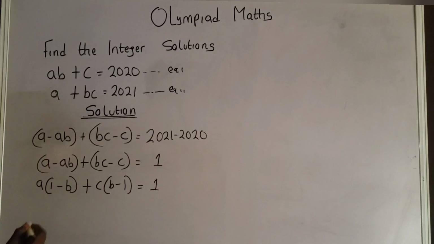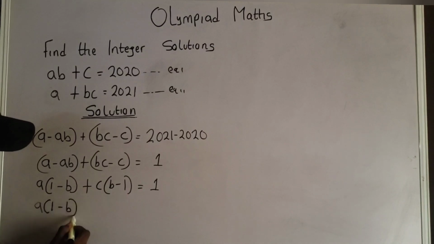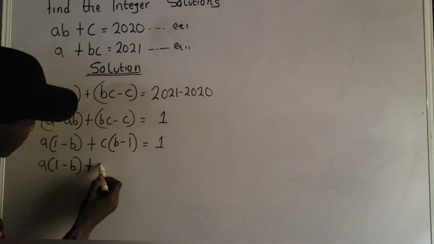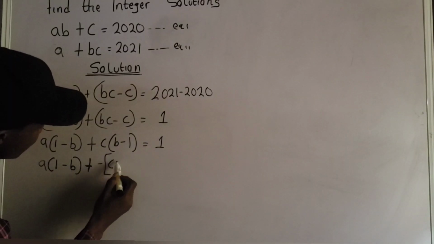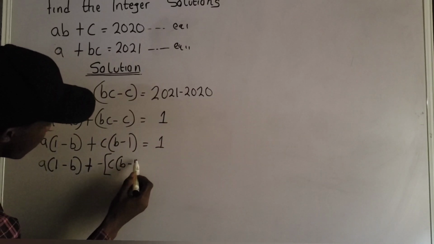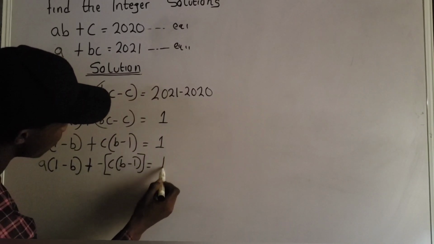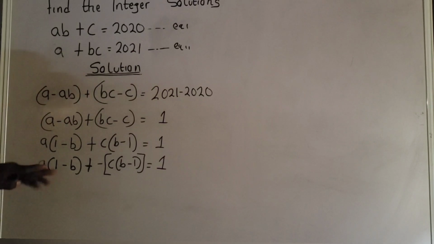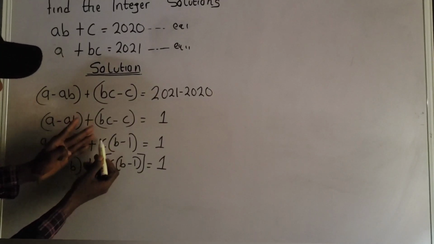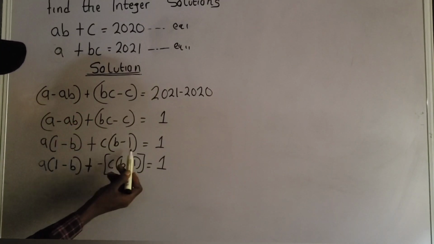So I'm going to have A(1 - B) + (-)(C)(B - 1) = 1. What I did is that I want to make B - 1 the same as 1 - B, so I have to multiply all of these contents with minus.